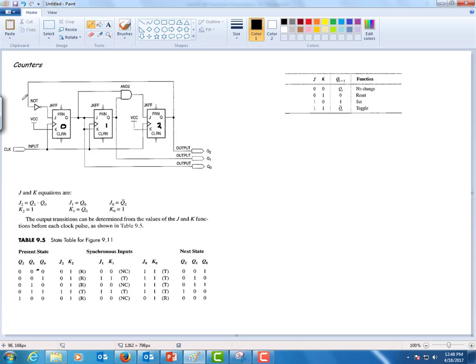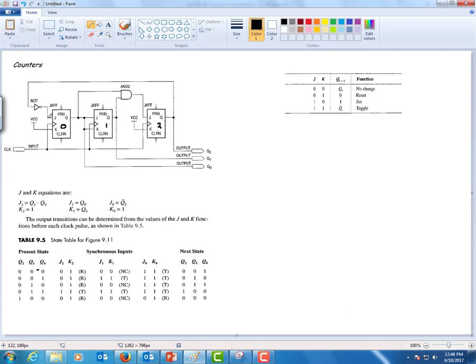And let's just start at the least significant bit. That's Q0, which is this flip-flop here. You're going to see that K is connected to VCC, so K is always going to equal 1. And the J goes through an inverter. You see how I'm going backwards here? Usually you go into it, but to figure it out, we have to actually go backwards.